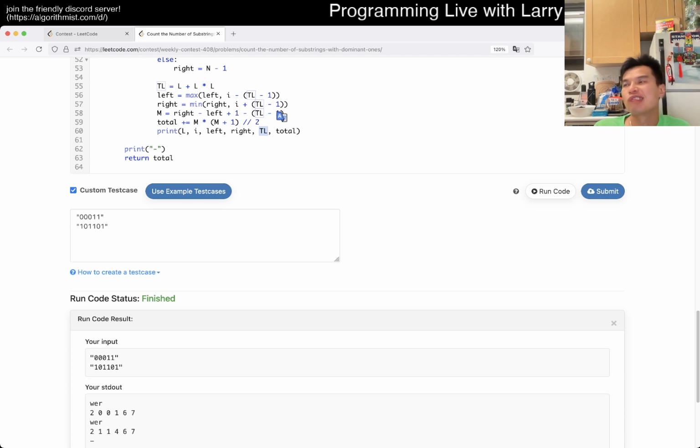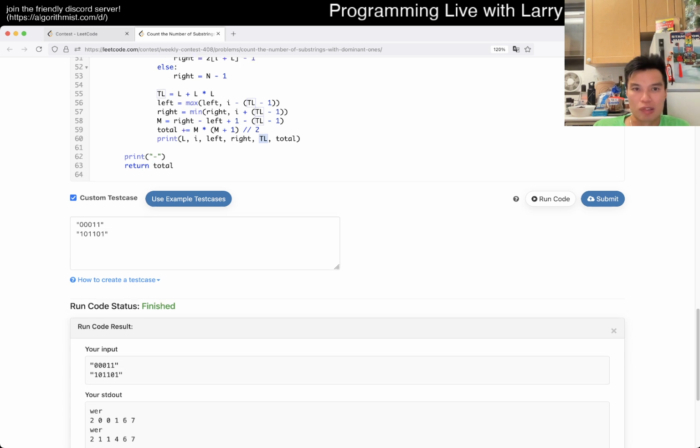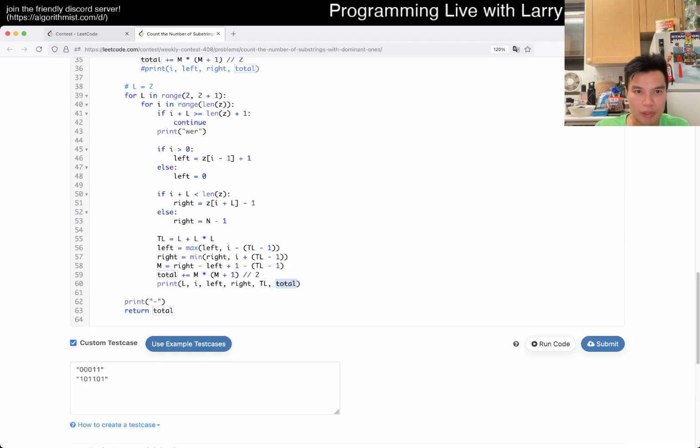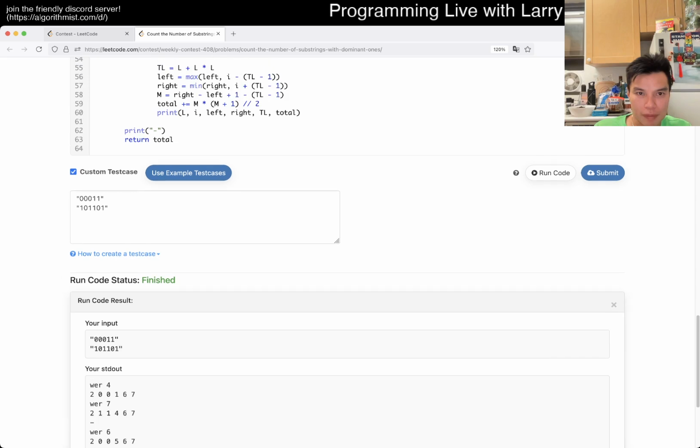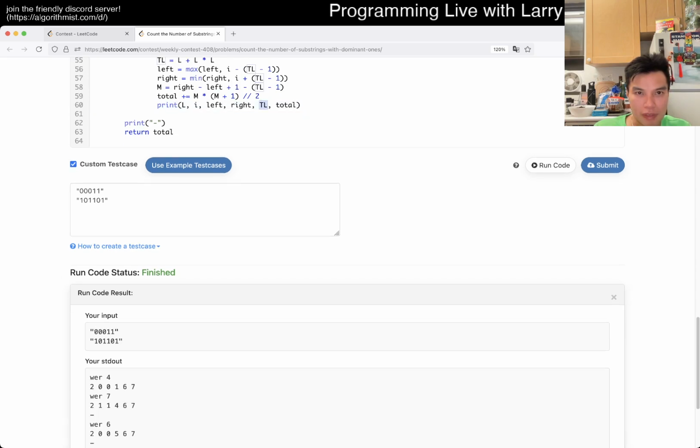Oh. No, I mean, this is right. What is the total before? Oh, I think maybe this is what I expect anyway. Alright, so TL is 6. Right, so we have length 6 stuff. M is going to be, this is 1.